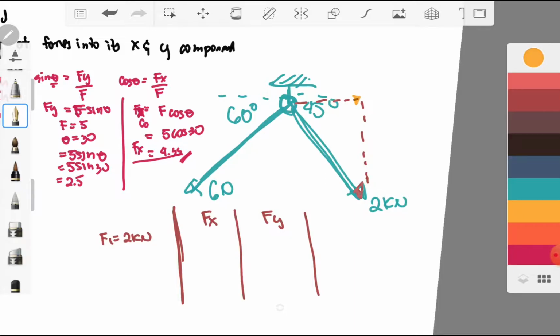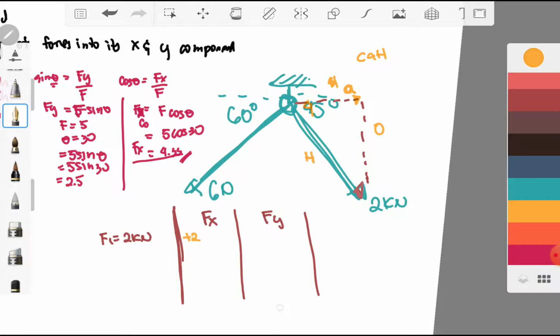So, this is the arrow for your Fx. It is going to the right, which means that it is a positive force. So, you have positive 2. This is your theta, with the opposite side. Since you are going to solve for the Fx, you will use CAH: cosine, adjacent over hypotenuse.